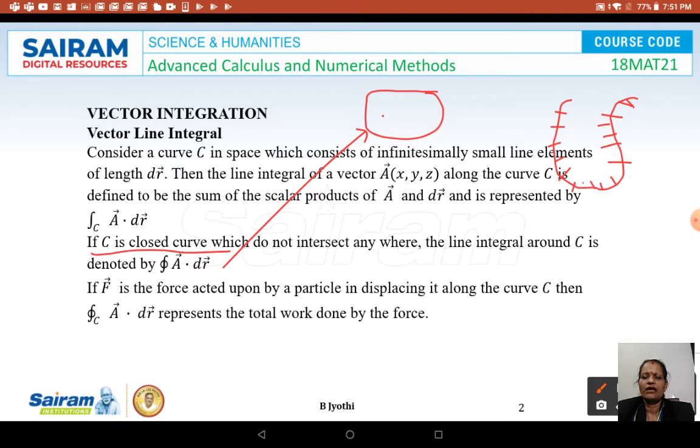And if F is the force acting on a particle in displacing it along the curve C, then the contour integral along C of F dot dr represents the total work done by the force. So this is about vector integration and the vector line integral.